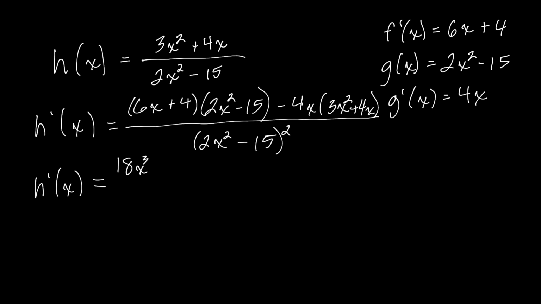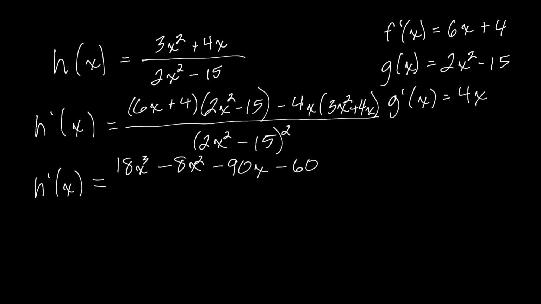Let's see, my outers and inners. I'm going to do the inners first because I see an x squared term there. So that'll give me a plus 8x squared. And then my outers, this is the O in FOIL, would give me, let's see, what's 15 times 6? 90. So minus 90x. And last times last, 4 times negative 15 is minus 60.